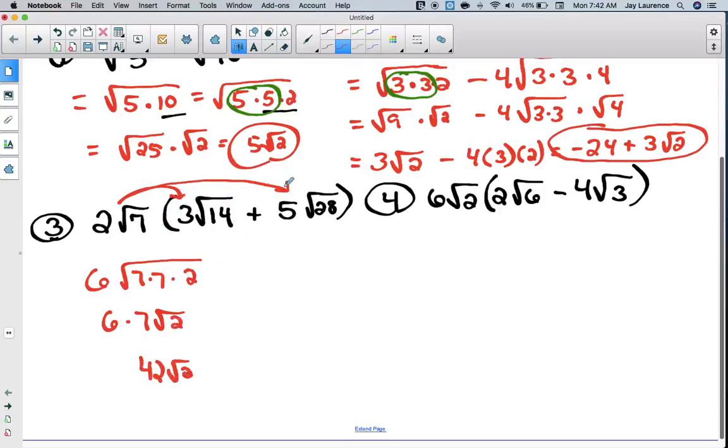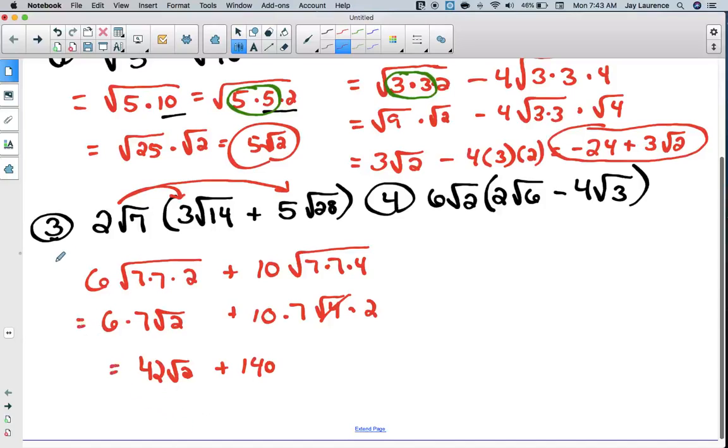Now I'm going to come over here to this one, and I'm going to have 10, and then a rad 7 times a 7 times a 4, which is going to be 10 times 7 rad 4, but rad 4 is really 2, and so that looks like it's going to be plus 140. My best answer will be, I really should have equal signs along the way here, my best answer will be 140 plus 42 rad 2. Okay?